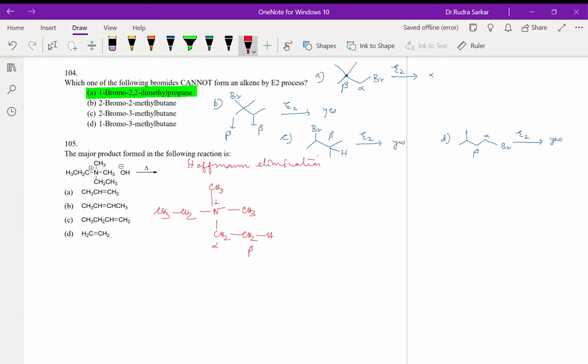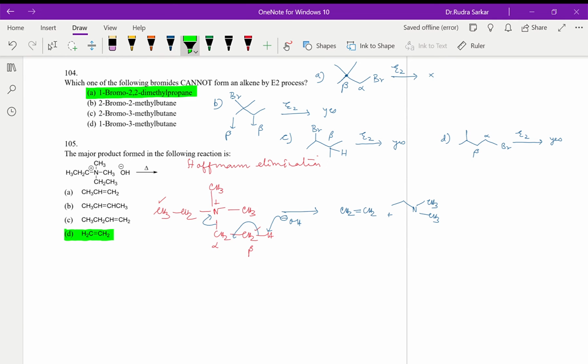So we can take out the beta hydrogen either from here or from here. So in the mechanism, what we will show is that the OH group will take up this hydrogen, then that goes out and the nitrogen gets neutralized. So over here our products will be the alkene as this, and along with that we have the dimethylethylamine being produced. So over here the answer for the alkene will be option D.